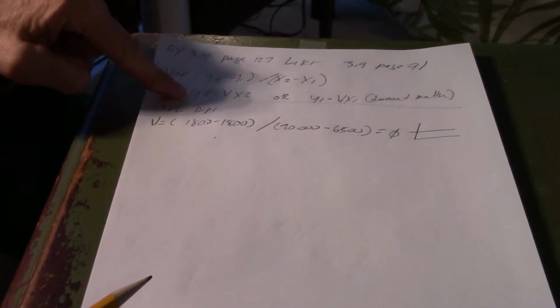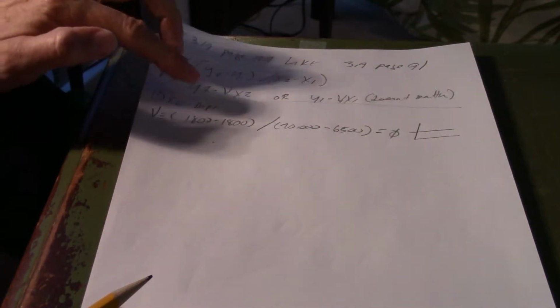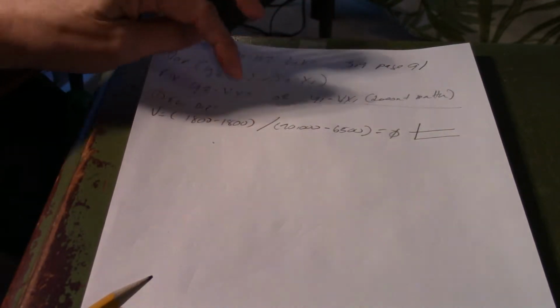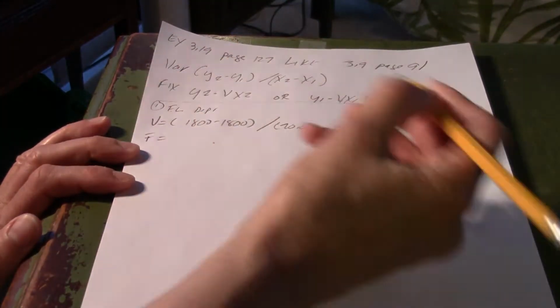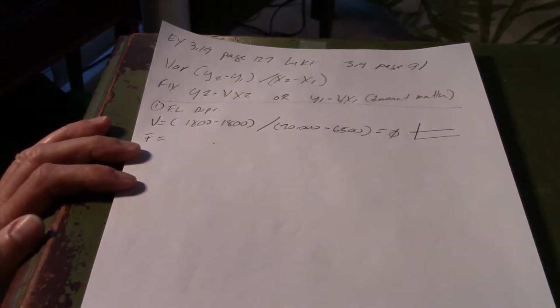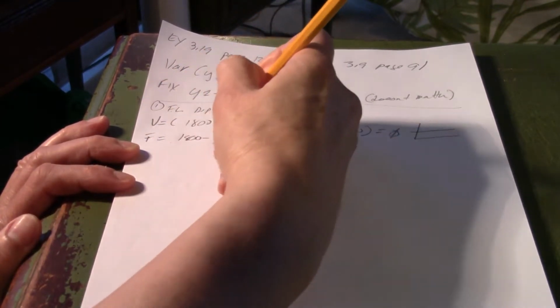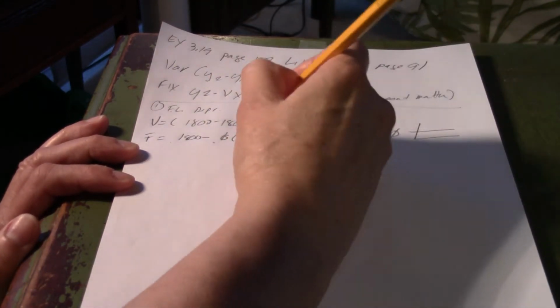You take either y1 or y2. In this case, they're the same thing. And you subtract out your slope times either x1 or x2, depending on whether you used y2 or y1. So for fixed, that's equal to 1,800 minus 0 times, in this case we'll go times 20,000.